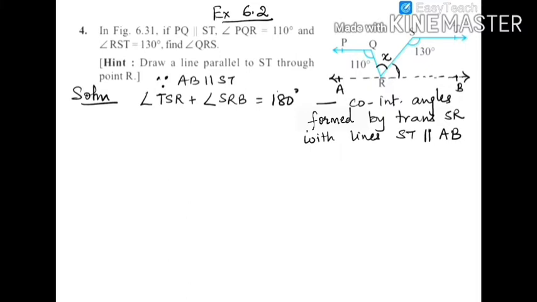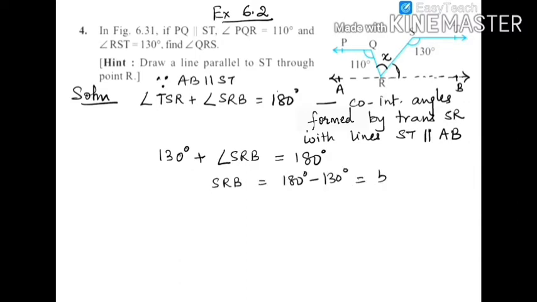So substituting in the above equation, 130 degrees plus angle SRB will be equal to 180 degrees. So angle SRB is equal to 180 degrees minus 130 degrees, that is equal to 50 degrees.